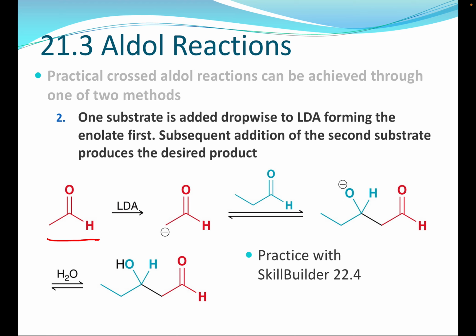Then, once that is fully deprotonated, you can add the second substrate, the second alpha position containing molecule. Easier to phrase it as adding in the second ketone or aldehyde, and basically that's setting up whatever's getting added second to undergo a nucleophilic attack.